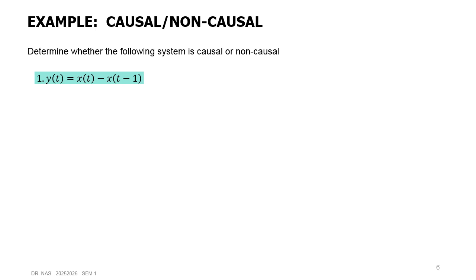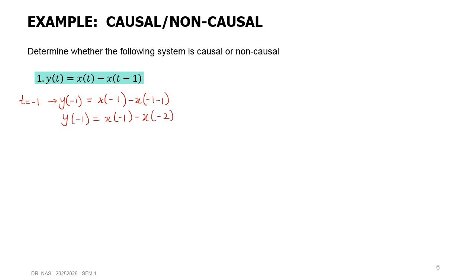Alright, so let's try with t equal to -1. This is in the past. So what happens to your y? y(-1) = x(-1) - x(-1 - 1). In this case, you get y(-1) = x(-1) - x(-2).